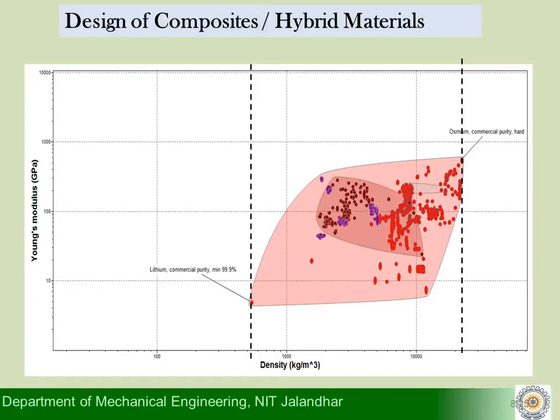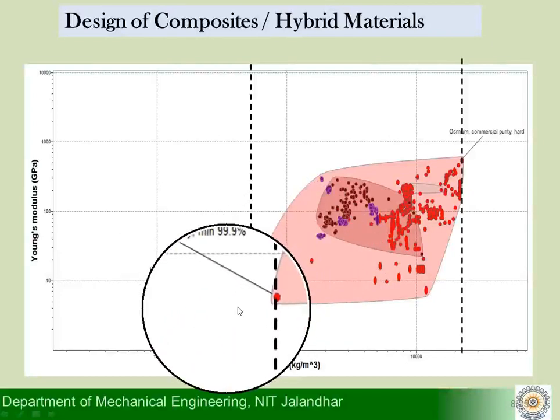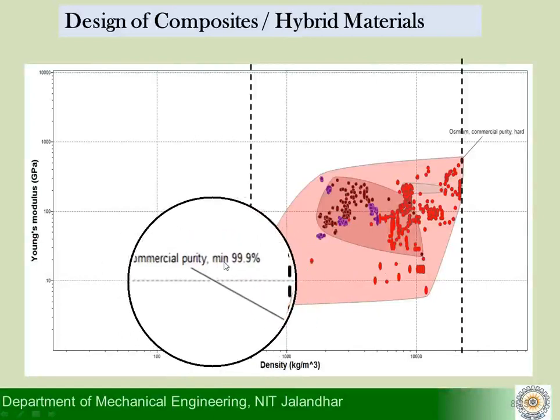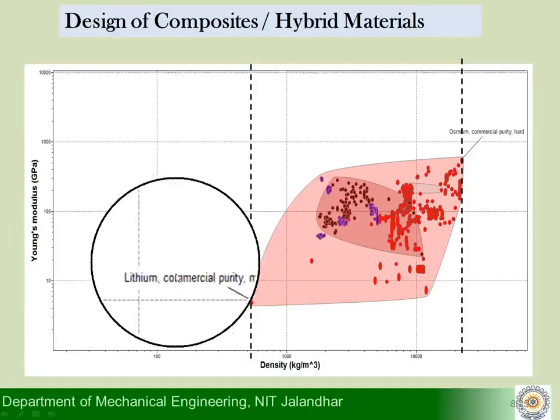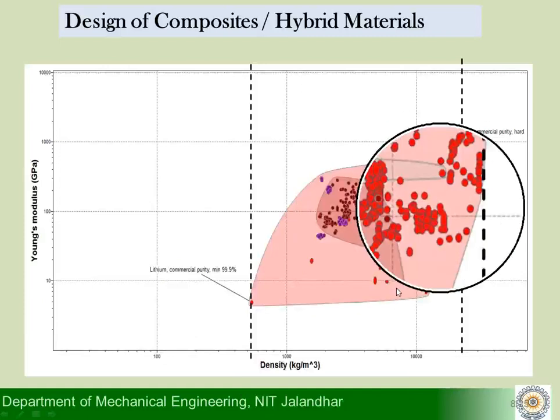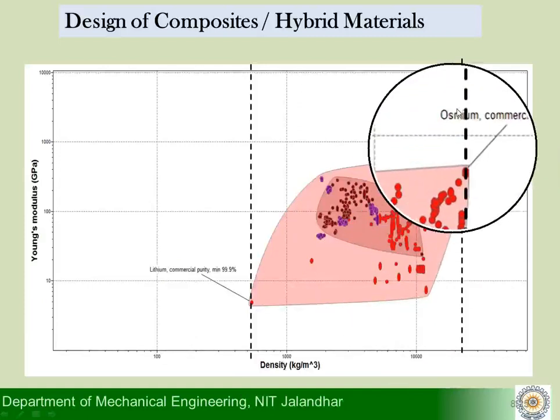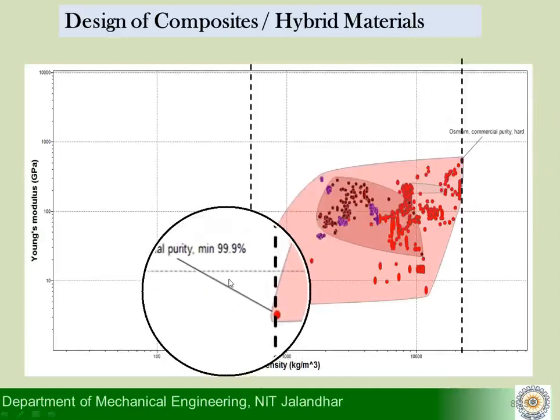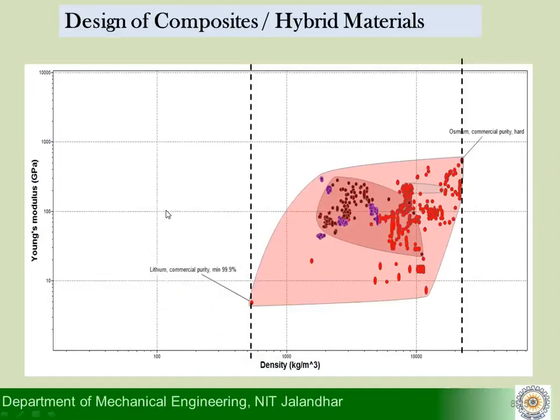If I only plot metals here, the lowest density metal that you observe is lithium, with a density of around 505 kilogram per meter cube, and the material which has the highest density is osmium, somewhere around 22,000 kilogram per meter cube.